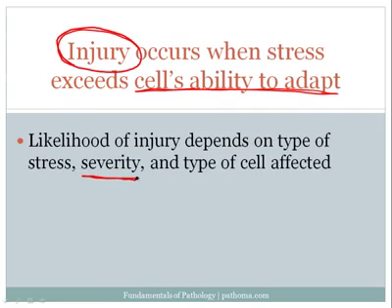And so here we see the same theme in the sense that we cut the blood supply in the renal artery, but a slow, progressive cutting of the blood supply would result in atrophy of the kidney, whereas a rapid, complete cutting off of the blood supply of the renal artery would result in infarction and injury of the cells. So that would be an example of the severity determining what happens in response to a stress.